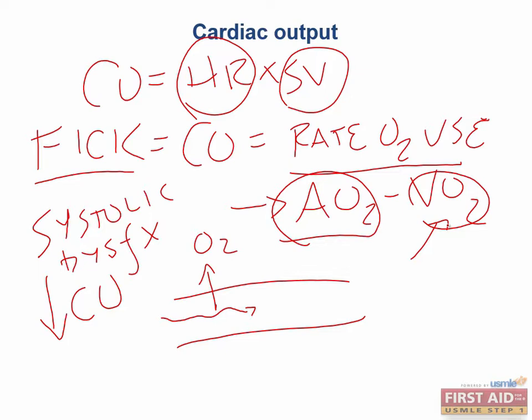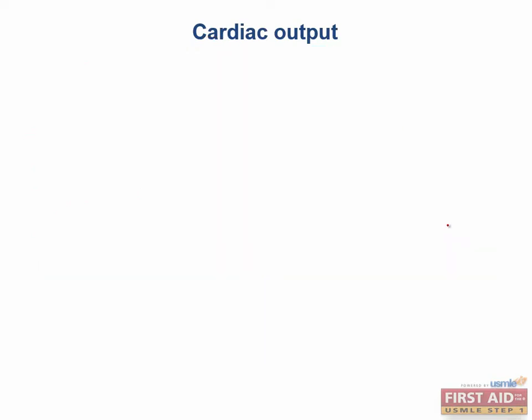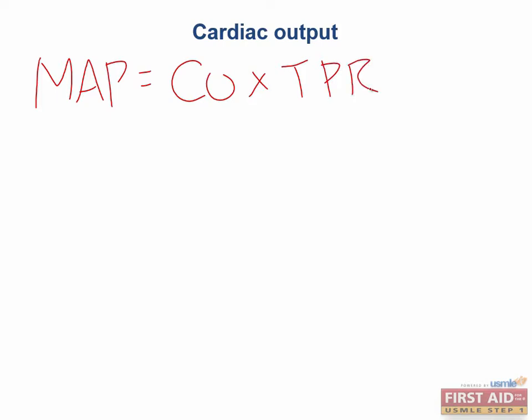All right, the next equation for us to discuss is mean arterial pressure. So mean arterial pressure equals cardiac output times the total peripheral resistance. So this is the product of cardiac output and total peripheral resistance, right? If this equation looks familiar, it's because it's really just a basic equation of fluid flow, where pressure equals flow times resistance.